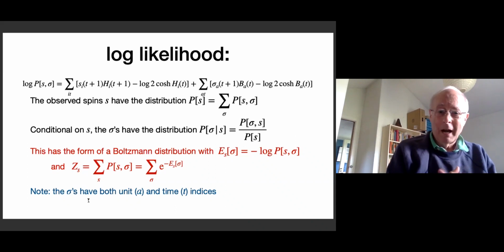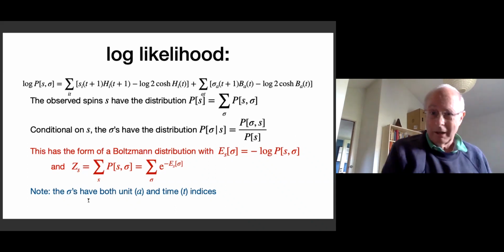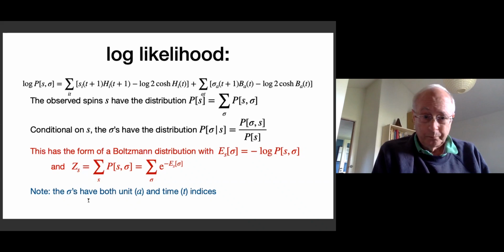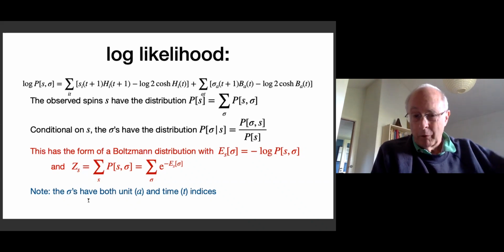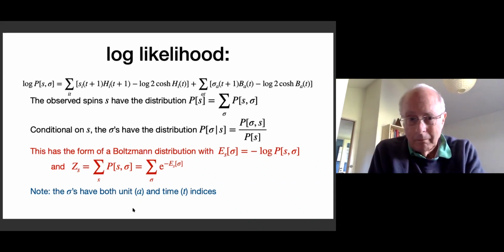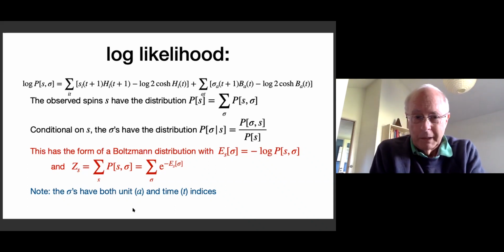So time enters, this digital time here, on the same footing as the way you identify which unit, right? So if you were talking about a lattice here, you have a space-time lattice that you're talking about. But the equations all look the same.